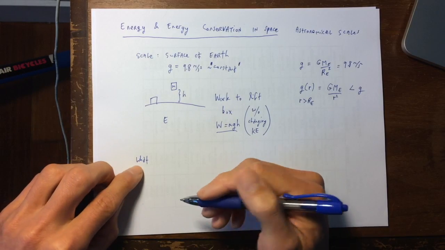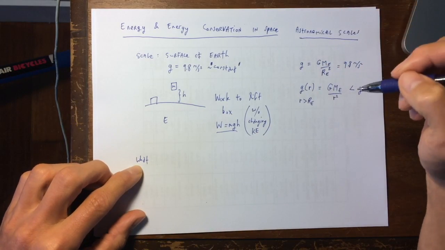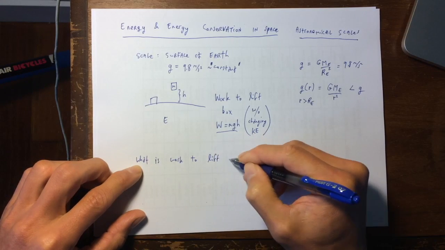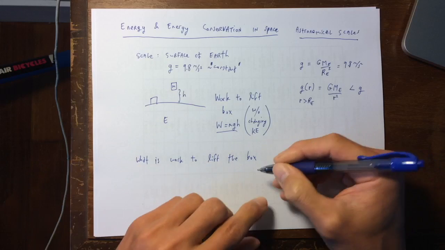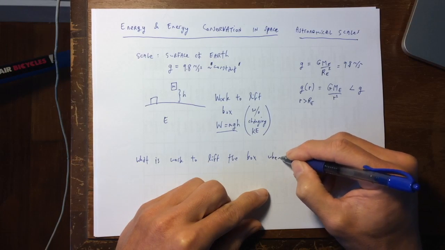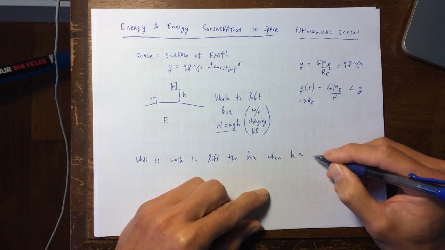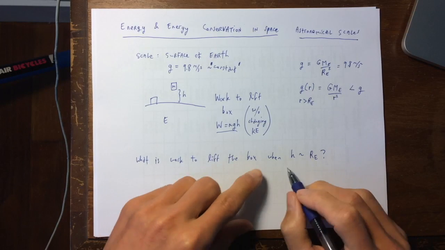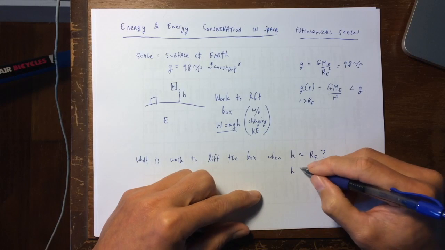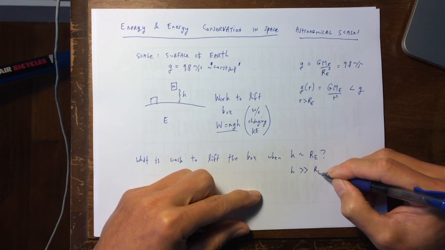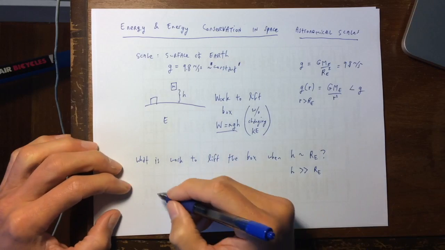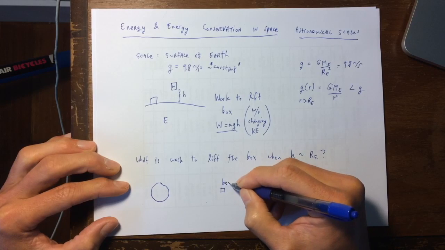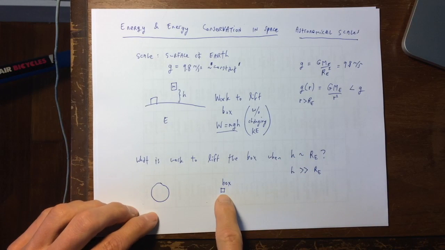The question is, on an astronomical scale, what is the work to lift the box when h is something like the radius of the Earth, or when h is much, much bigger than the radius of the Earth? Take the box out really far, like what happens when you imagine putting a satellite up into orbit.